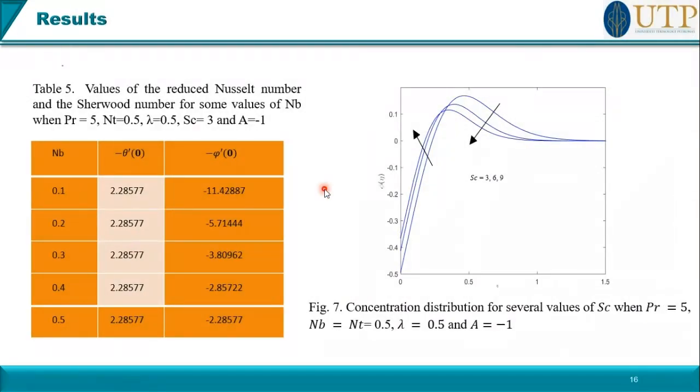Table 5 shows the Brownian motion parameter NB has no effect on the heat transfer rate, so we can see the same value here, and it is therefore negligible. This is because of the implementation of the realistic boundary condition, which resulted in zero nanoparticle flux at the boundary.